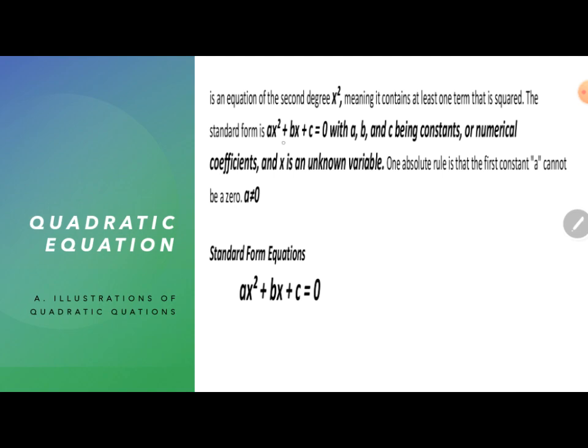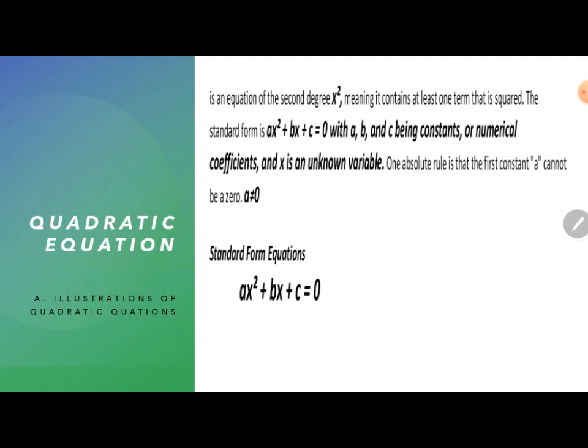The standard form is ax squared plus bx plus c equals 0, with a, b, and c being the constants or the numerical coefficients, and x is the unknown variable. One absolute rule is that the constant a cannot be equal to 0. So always remember, a cannot be equal to 0. So the standard form is ax squared plus bx plus c.